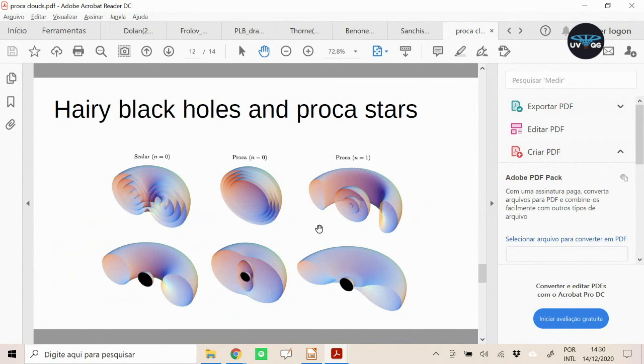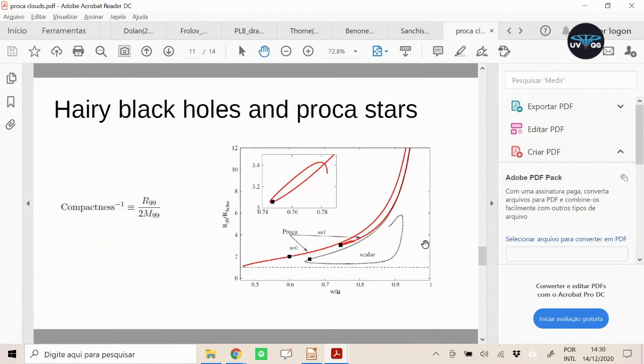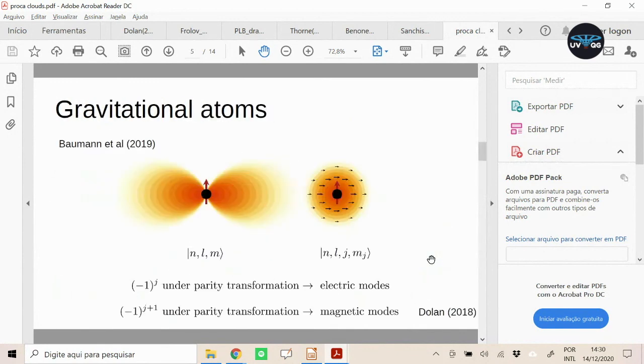Is there any simple reason to understand that? Yes, this is related. This is an illustration of what would be the fundamental state for the scalar case. For the scalar case, we can only have clouds when the orbital angular momentum is equal to 1.